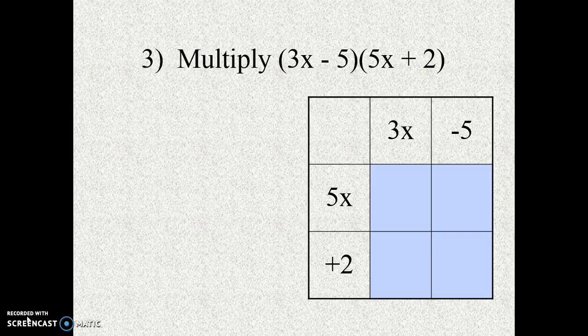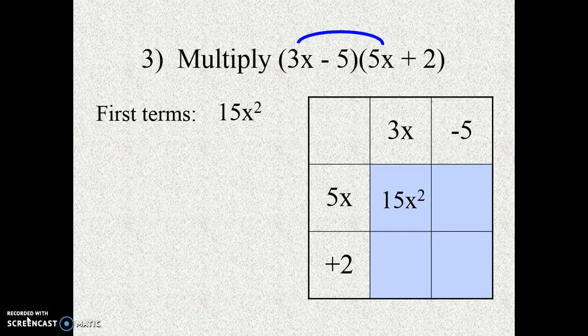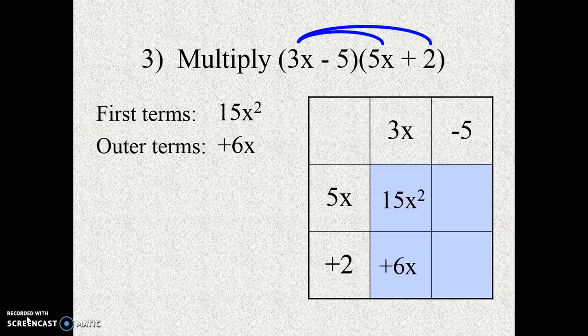Multiply 3x minus 5 times 5x plus 2. The first terms are 3x and 5x. Multiplying those two gives you 15x squared. The outer terms are 3x and 2. Multiplying those two gives you 6x.